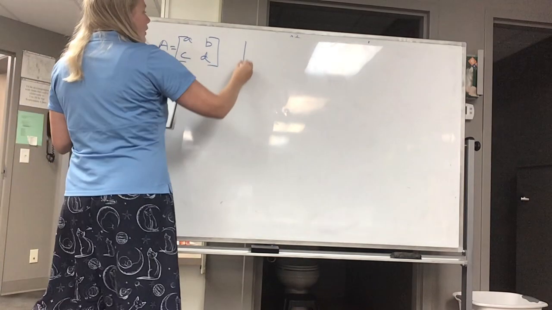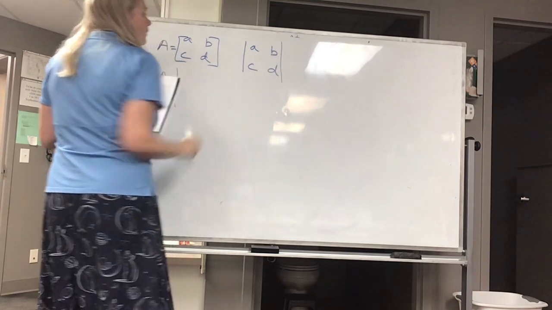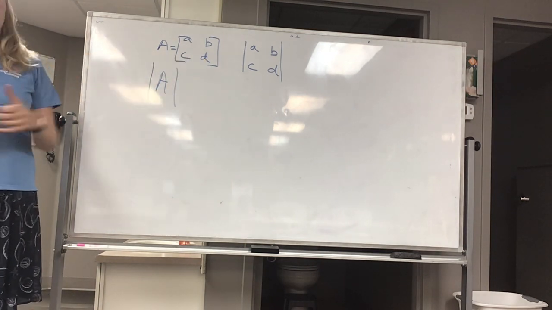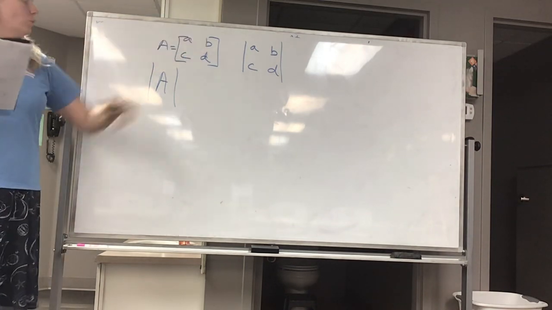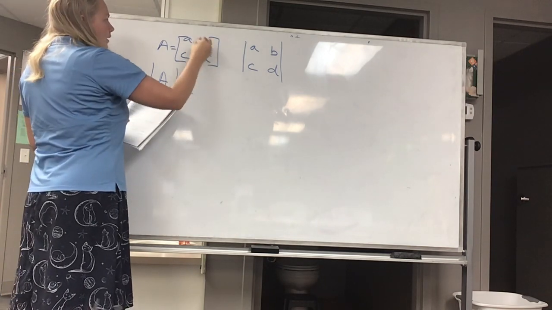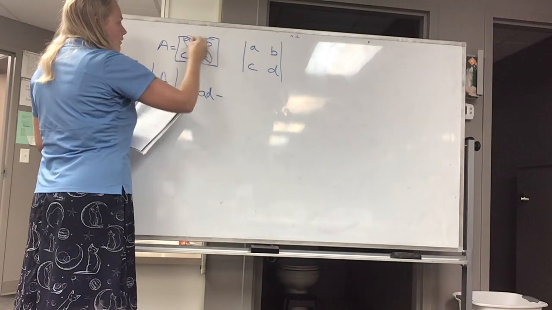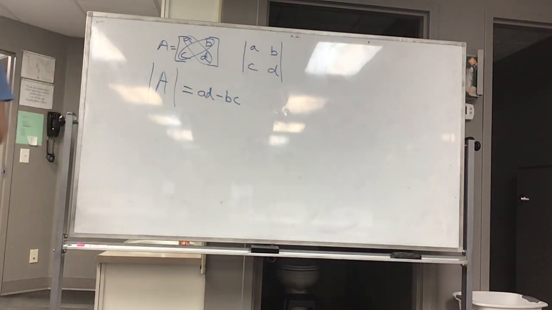It can also look like this. And so the determinant can be written with the actual matrix information. It's just the solid straight lines rather than the brackety ones. And it equals AD, so the diagonal, minus BC. And again, they might ask you to generate the value for it, but from my research, I wasn't finding a whole lot of problems that use it.